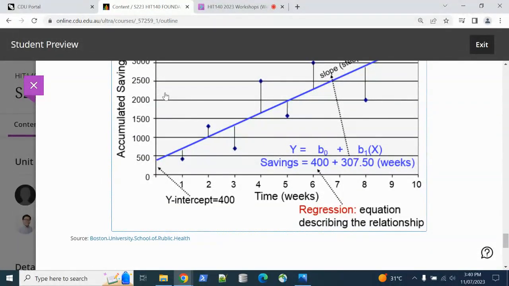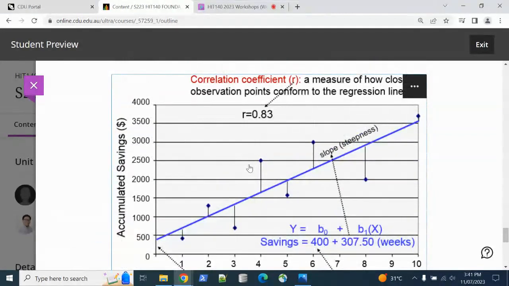So they move in the same direction. If it is negative, that indicates a negative relationship. Negative relationship means these two variables move in opposite directions. So if time increases, savings decrease. But obviously in this case, the reality is that this is going to be a positive relationship, most of the time.